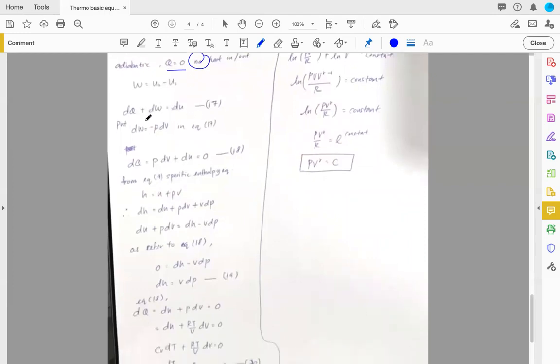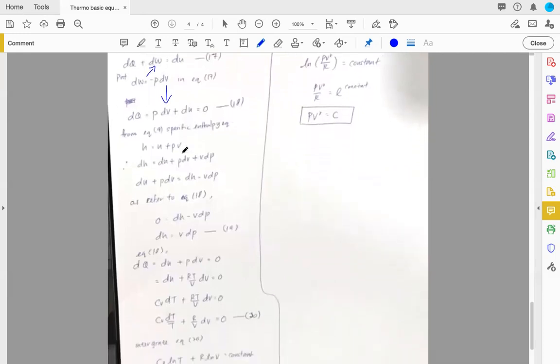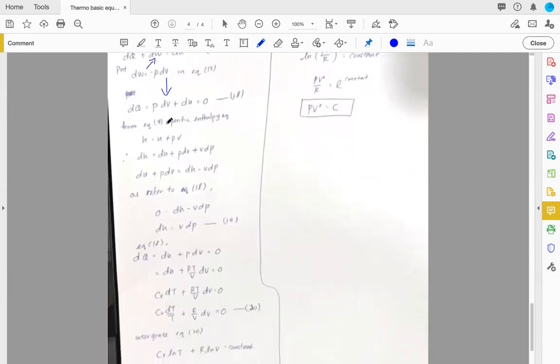And we can still play around with it. We change it to delta Q plus delta W equals delta U, and we put this equation into delta W. And therefore, you have this equation, equation 18. And we refer back to our specific enthalpy equation, which is H, enthalpy, equals internal energy plus PV.